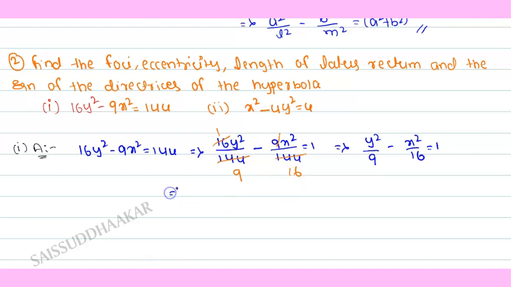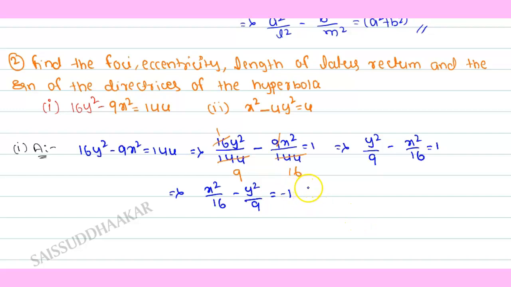So this implies, taking minus common, x square by 16 minus y square by 9 is equal to minus 1. Here, left side taking common minus, sending to the right side. Okay, so that is minus 1.